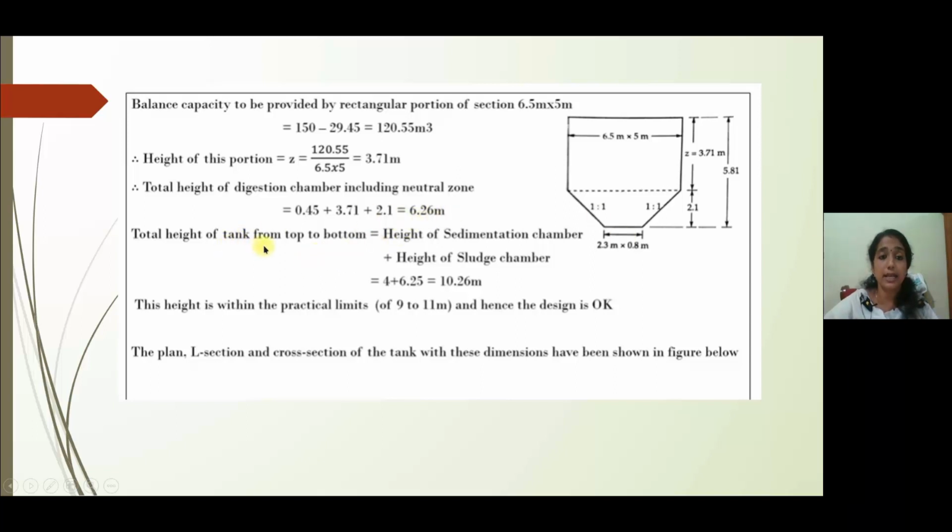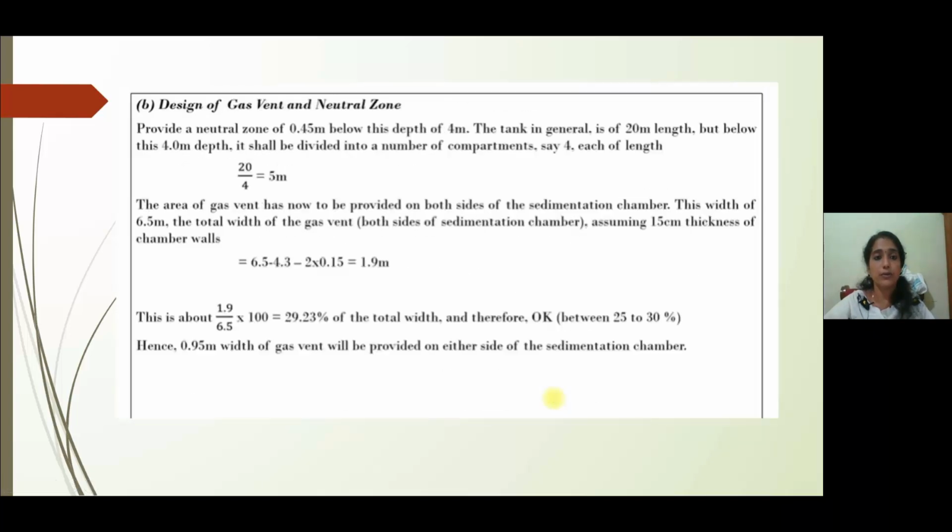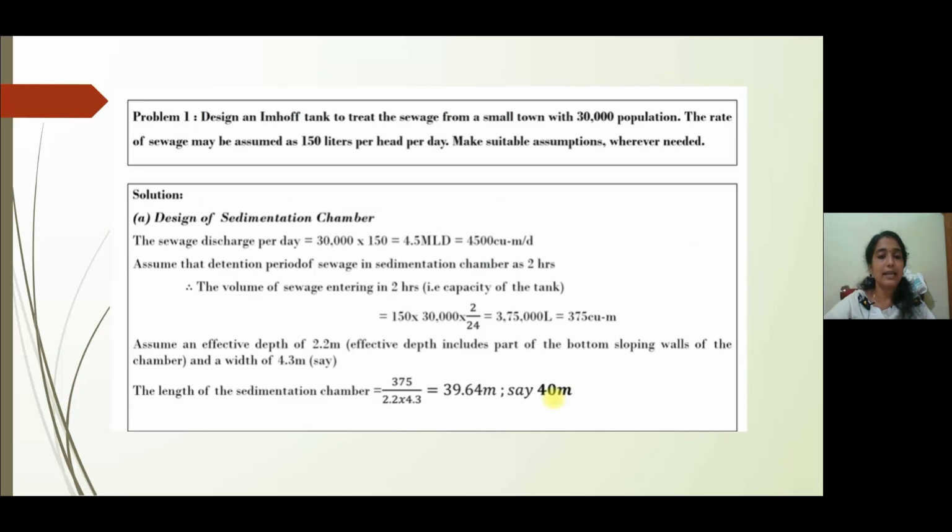The total height of the tank from top to bottom, that is height of the sedimentation chamber plus height of the sludge chamber, that is 4 plus 6.26, that is 10.26 meter. This height is within the practical limits, that is 9 to 10.5 meter, and hence the design is okay. This is a complete design of Imhoff tank, a little lengthy.